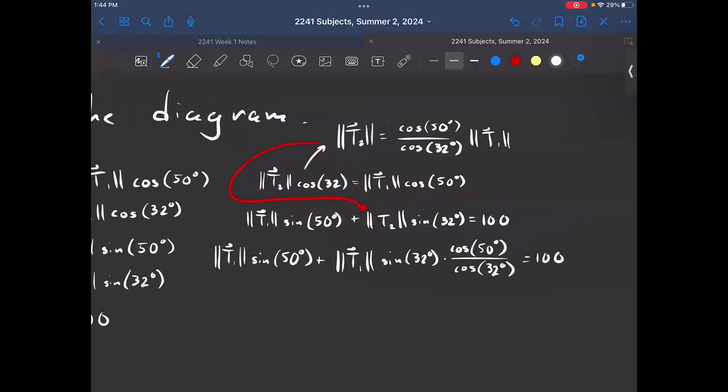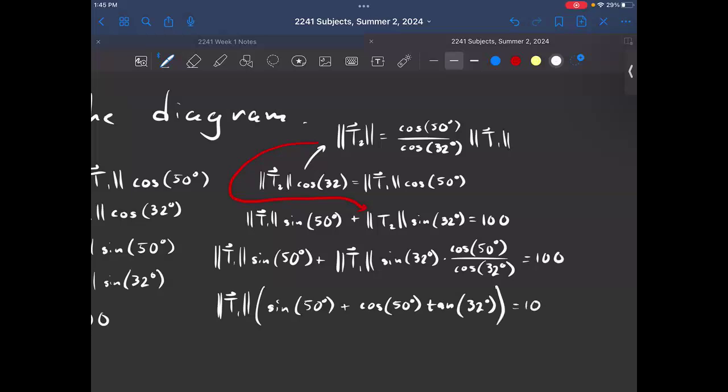And in fact, we can simplify things a little bit here. Note that we have sine of 32 and cosine of 32, so we could rewrite that as the tangent of 32. And then we can factor out this T1, which we need to do anyway. So we've got norm of T1 times the sine of 50 degrees plus the cosine of 50 degrees times the tangent of 32 degrees.